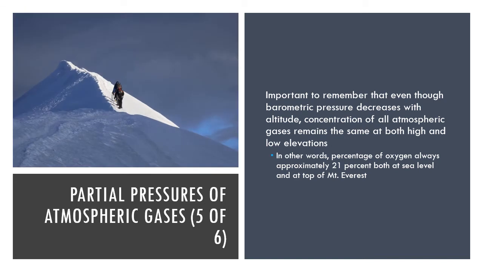It is important to remember that even though barometric pressure decreases with altitude, the concentration of all atmospheric gases remains the same at both high and low elevations. In other words, the percentage of oxygen is always approximately 21%, both at sea level, like in Seattle, Washington, or at the top of Mount Everest.